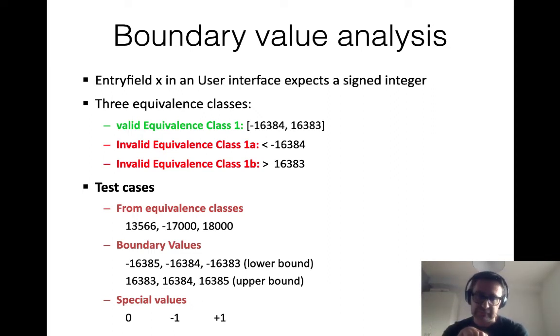But the boundary value testing or analysis tells us we should also test right on the boundaries and right next to them. For integers, it's easier to see, right? You go right outside the boundary, on the boundary, and right inside on the lower bound. So for every bound that you know of, you will do this. And then you do the same on the upper bound.